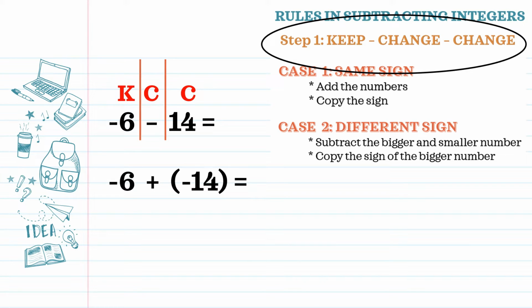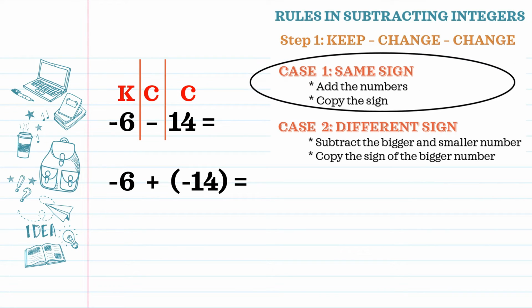So we will now have negative 6 plus negative 14. We have same sign integers, so therefore we are just going to add the numbers 6 plus 14, that will give us an answer of 20, and then copy the sign, which is negative, so that the answer is negative 20. Therefore, negative 6 minus positive 14 is negative 20.